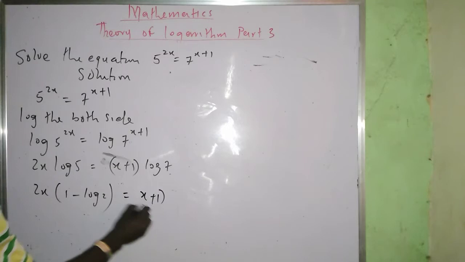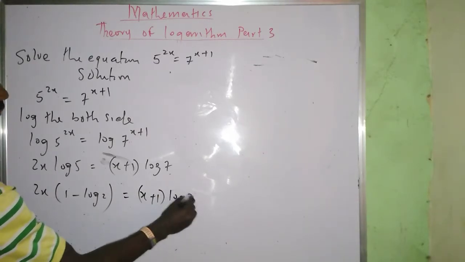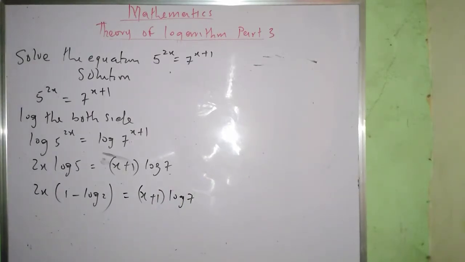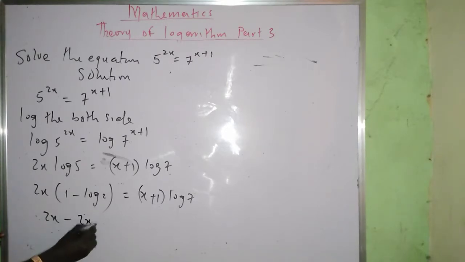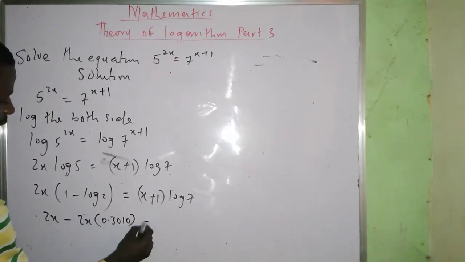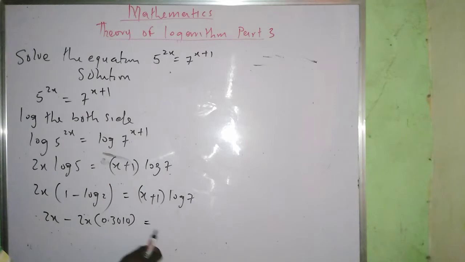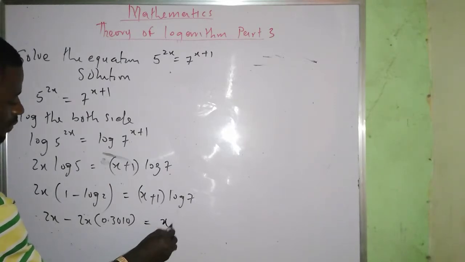Now, for my problem, I have 2x, and my log 2 will be minus 2x, bracket of 0.3010. Also, this will be x log 7 plus log 7.